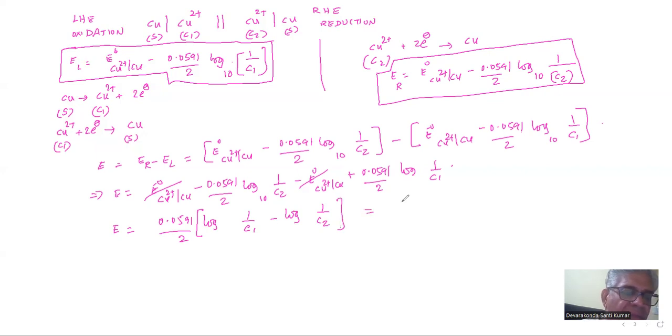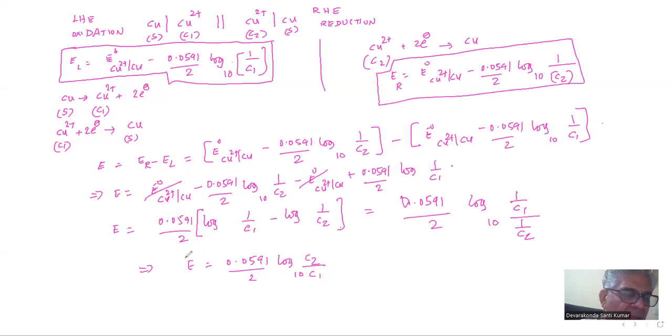Now that implies 0.0591 by 2 log of 1 by C1 by 1 by C2 to base 10. Therefore, E is equal to 0.0591 by 2 log C2 by C1 to base 10. So this is how we have to derive the formula for the electrolyte concentration cell.